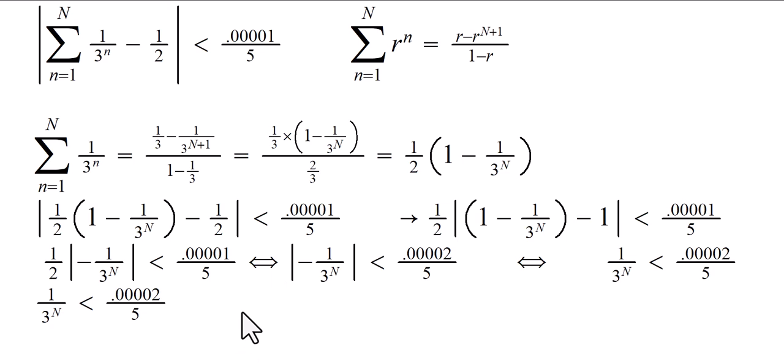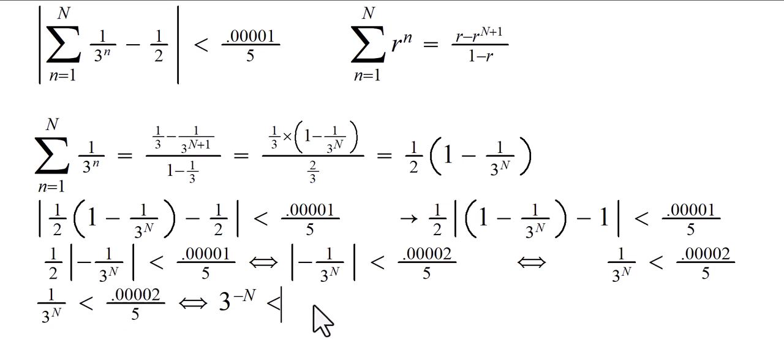We got 1 over 3 to the n, which will become 3 to the power negative n, and that has to be less than how much? This quantity. That's what we want.